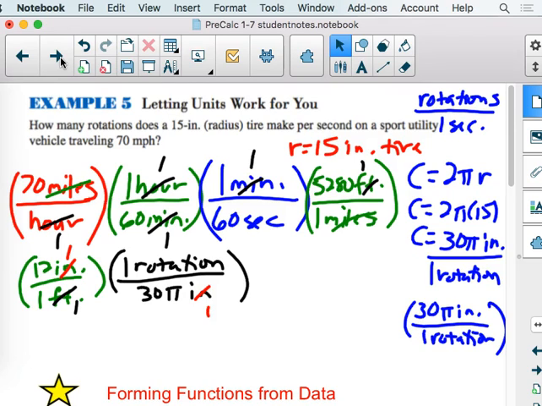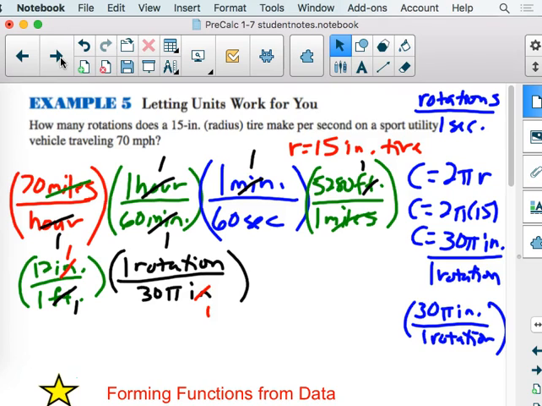Numerators times numerators divided by denominators times denominators. So parentheses 70 times 5,280 times 12 parentheses divided by 60 times 60 times 30 times, don't forget the pi. People always forget that. That's when they get this one wrong.